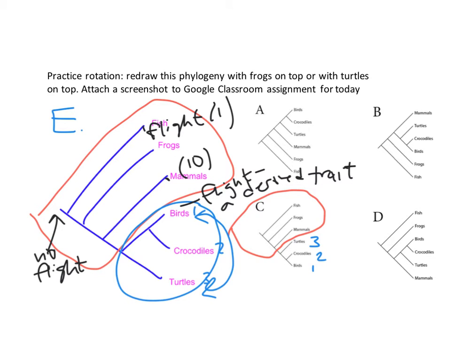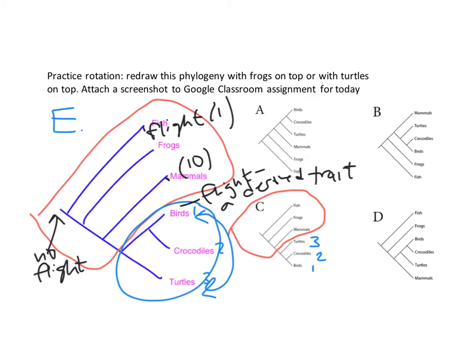Right. So these are derived traits, that's why we argue that these are derived traits. There are very few, relative to all of the species that could be on this tree, there are very few of them that fly. It's more likely, by chance, that those few evolved flight separately rather than so many species lost the ability to fly if the common ancestor had started with that trait.